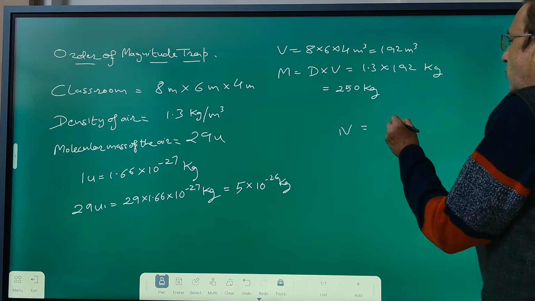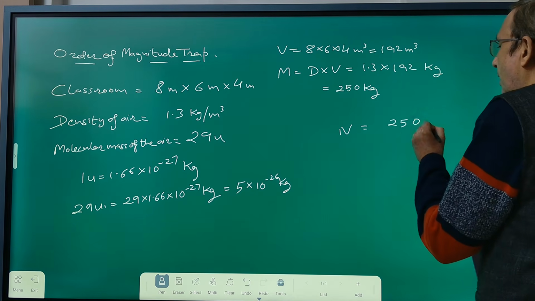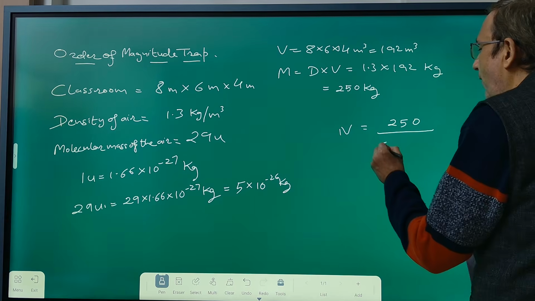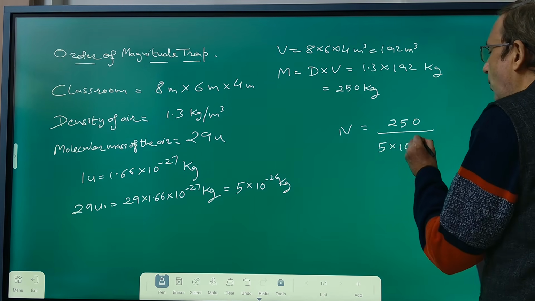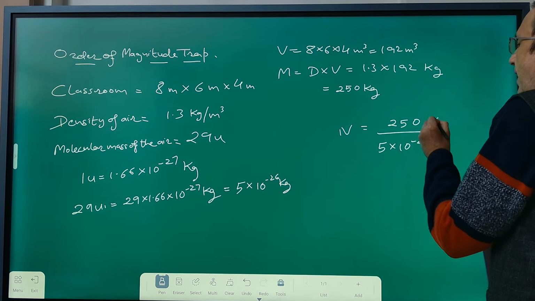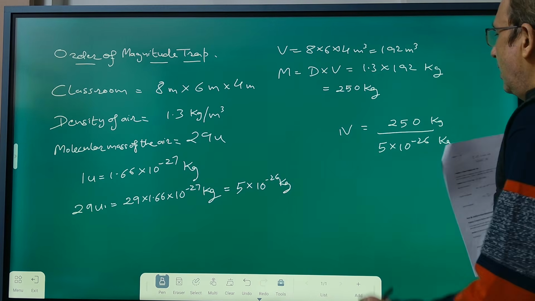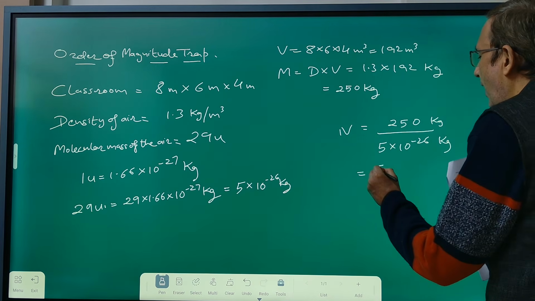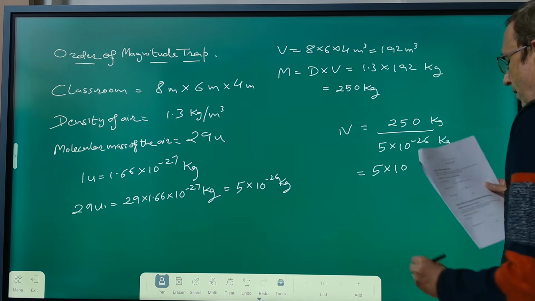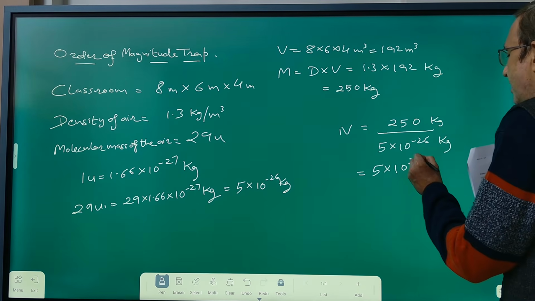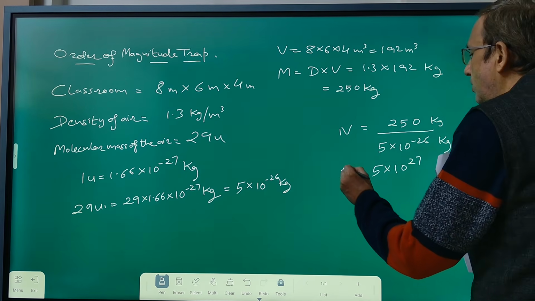The total mass is 250 and the mass of one molecule is 5 into 10 raised to power minus 26, both in kg. So you calculate to get 5 into 10 raised to power 27. This is the number of molecules.